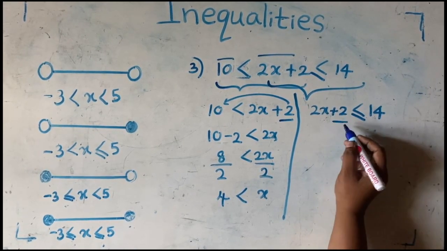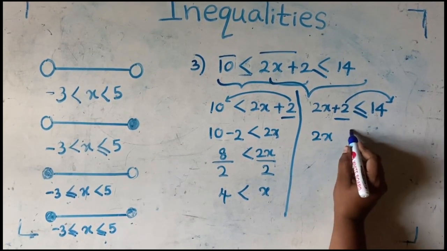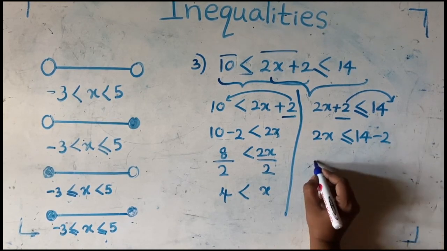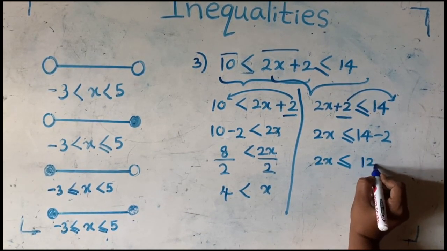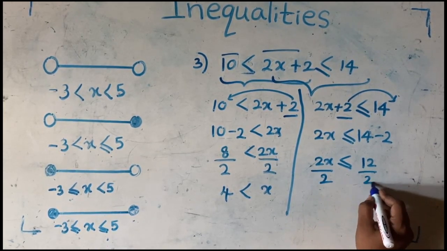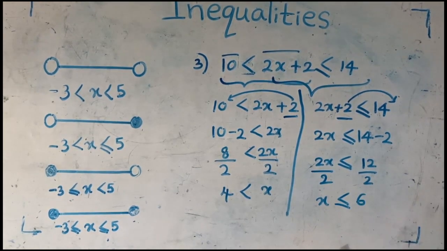Then I want to remove this 2, so I am taking it here. Then 2x is less than or equal to 14 subtract 2, then 2x is less than or equal to 12. Then I will divide both sides by 2. Then x is less than or equal to 6.